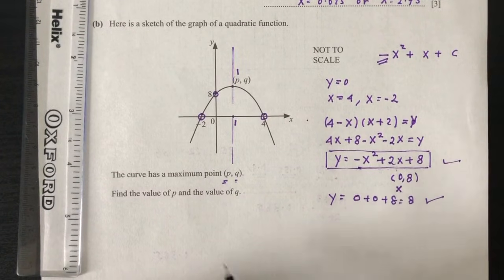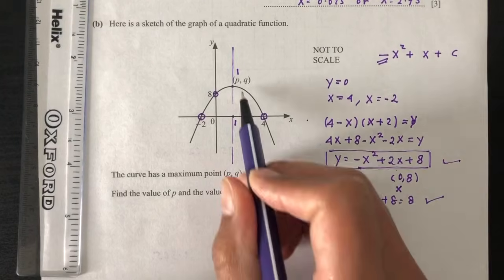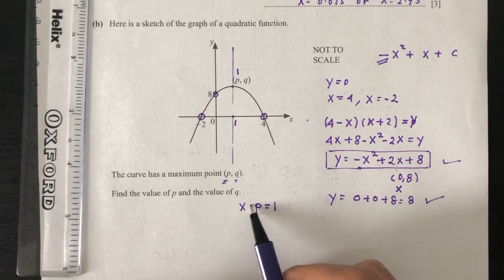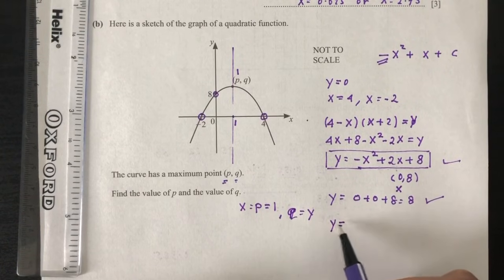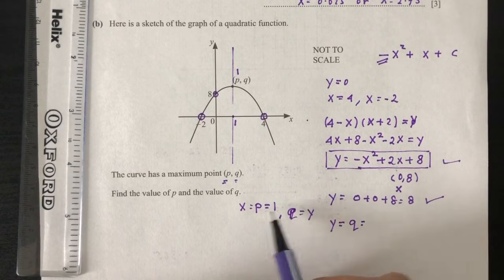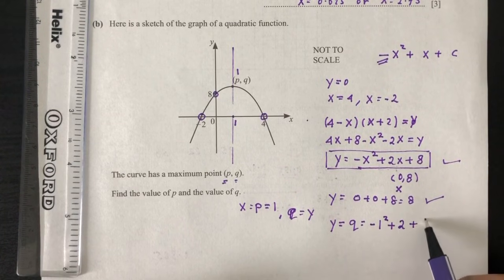So now let's find the value of Q. We know the point P is equal to 1, which is your x coordinate. Now find Q, which is your y value. So y equal to Q, which is equal to, so x will be 1, so minus 1 squared, plus 2 times 1 is 2, plus 8.